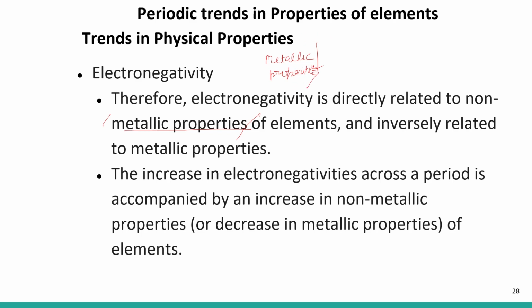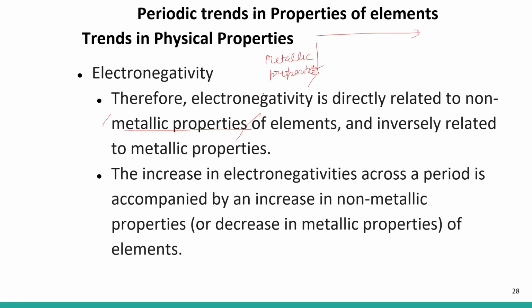If we move down the group, the ionization enthalpy is decreasing, as you can see in the trend from the previous slide. An element which can easily lose electrons will be a good metal, so the metallic property will increase down a group. Similarly, if we move across a period, the ionization enthalpy increases, which results in a decreasing metallic property. So the metallic property is inversely proportional to the electronegativity.